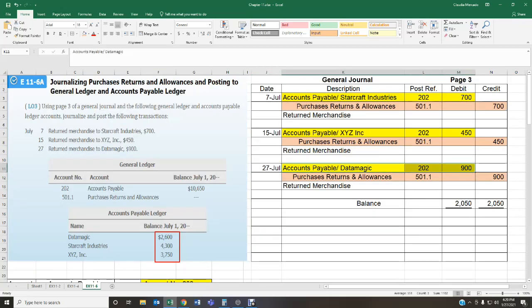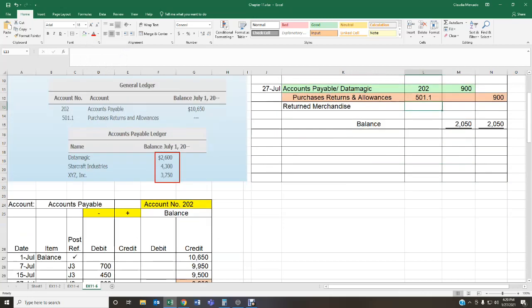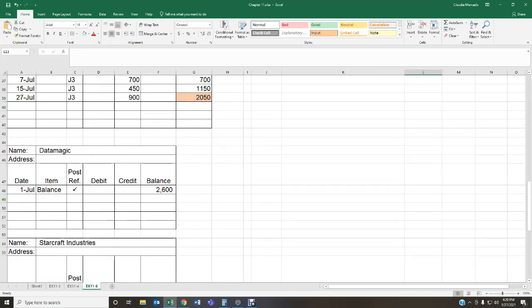We've got Data Magic down here, and we have a debit of $900 on July the 27th. So I'm going to go over here and put July the 27th, and this is coming from journal number 3. Okay, and we had a debit of $900.